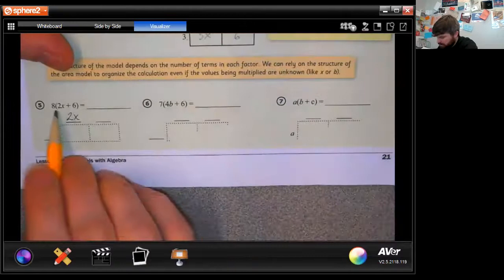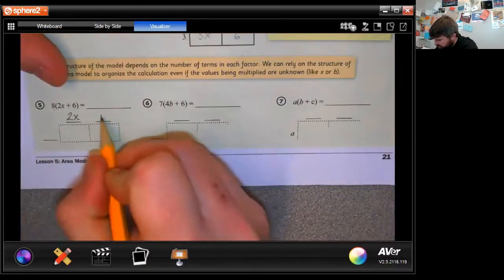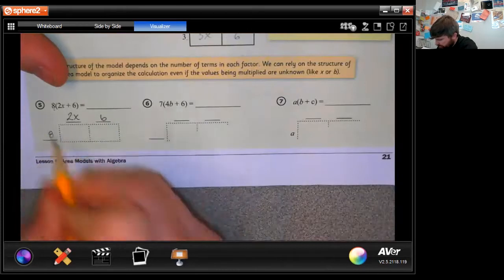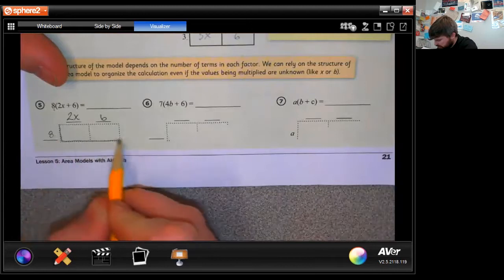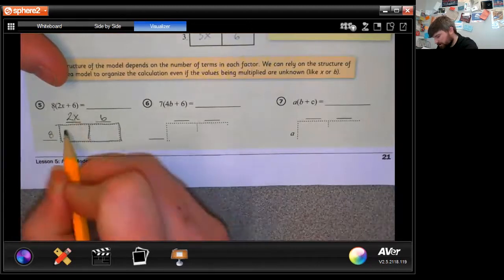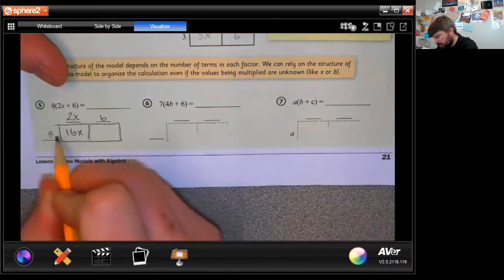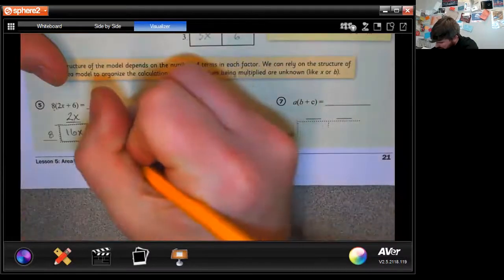Okay, here we have 8 times 2x plus 6. So 2x, 6, and you have an 8 down here. So we got this right here. Okay, so 8 times 2x is 16x, and 8 times 6 is 48.